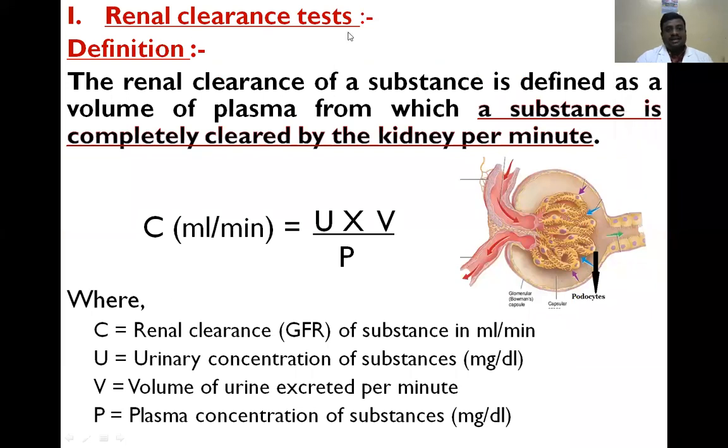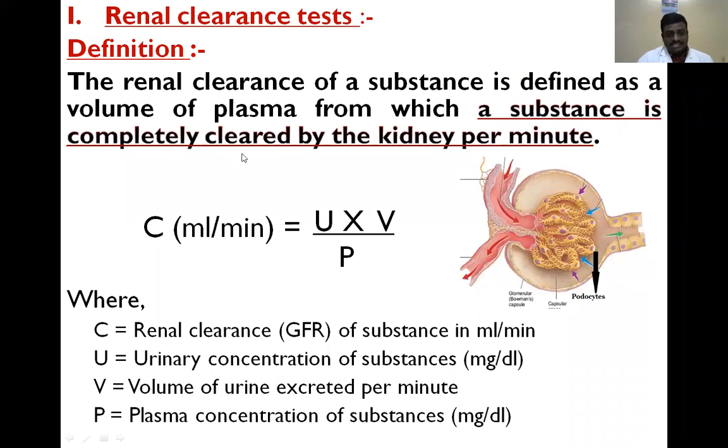First one is the renal clearance test. So what is the renal clearance test? The renal clearance of a substance is defined as the volume of plasma from which a substance is completely cleared by the kidney per minute. This is a standard definition you have to write down.